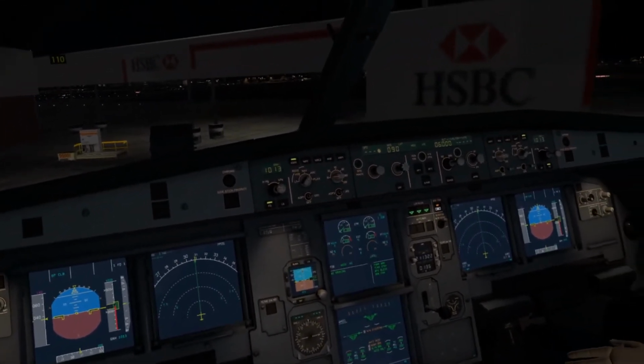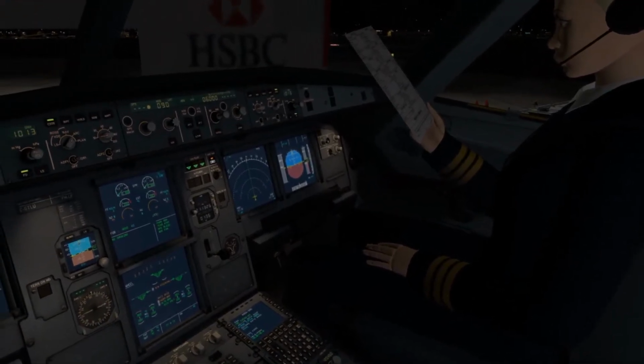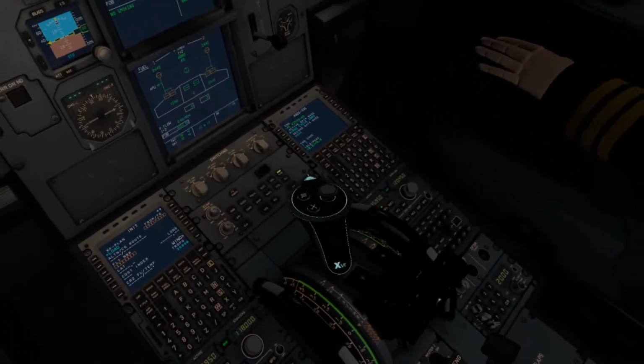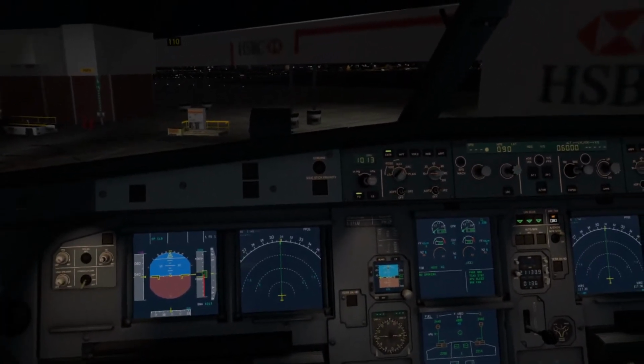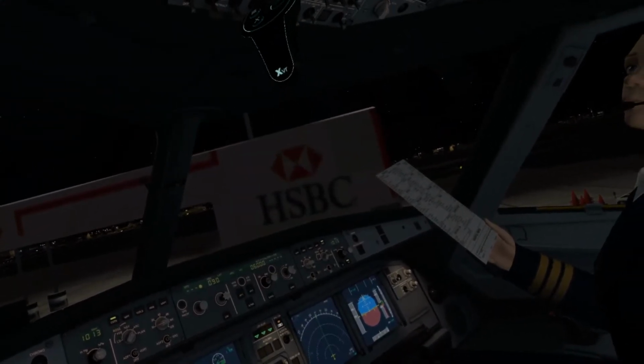So, parking checklist. APU bleed. On. Engines. Parking or engines off. Seat belts. Set off. Exterior lights. Off. Fuel pumps.